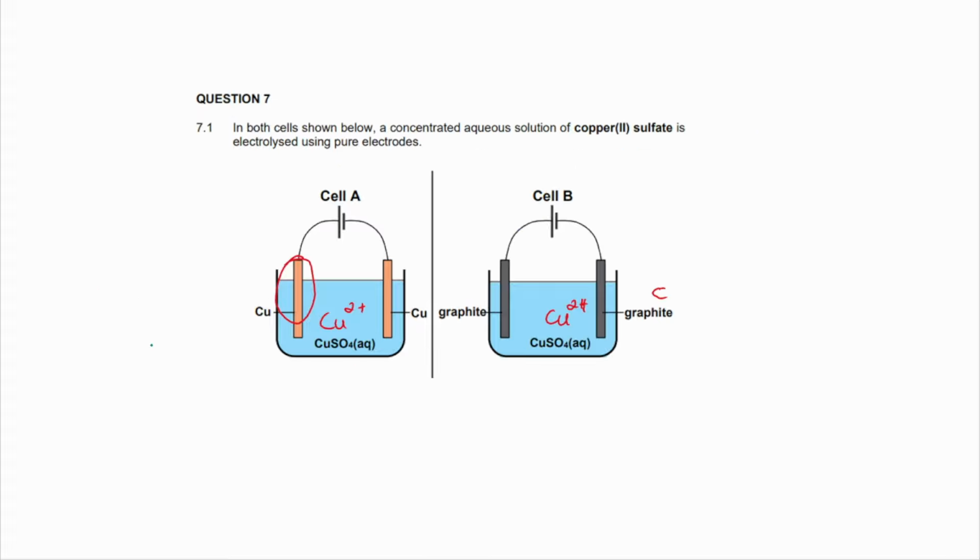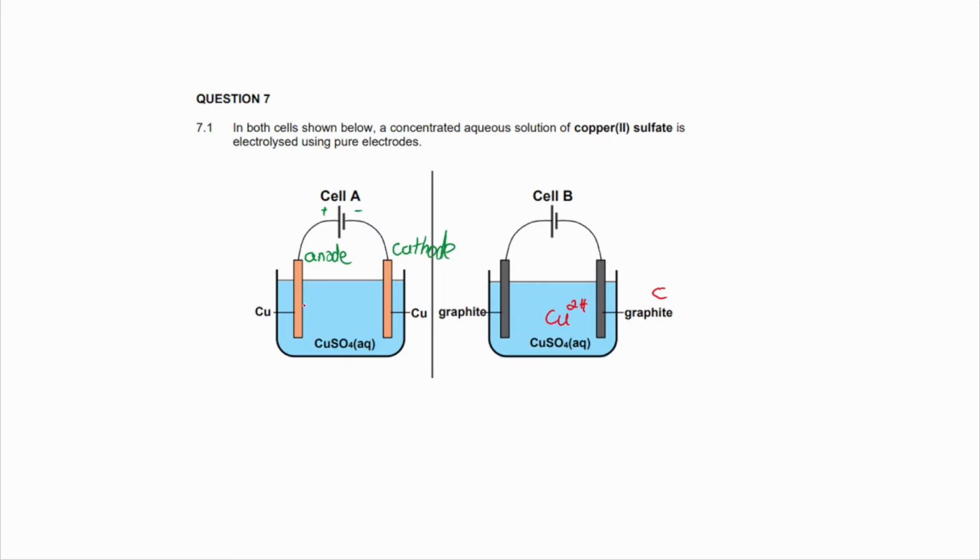So what happens in cell A is, this side will be our anode, and this will be our cathode, all right? Because this is positive and negative, okay? So at the anode we have oxidation, and that's a loss of electrons.